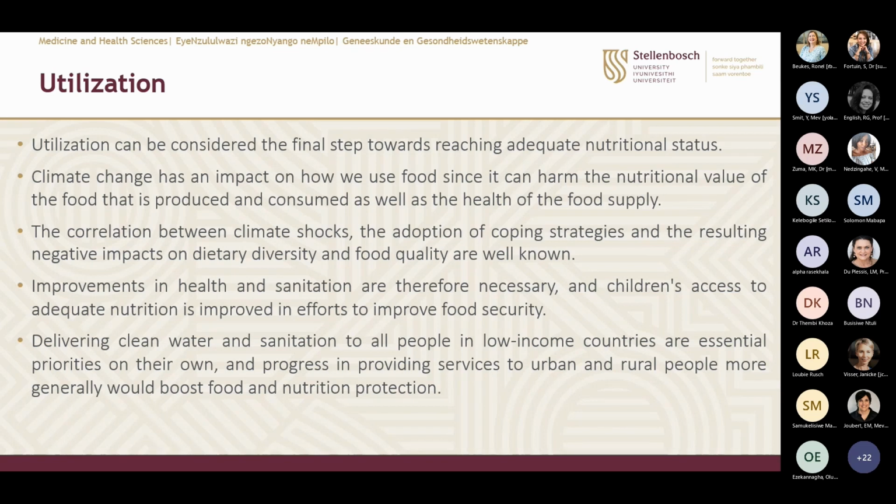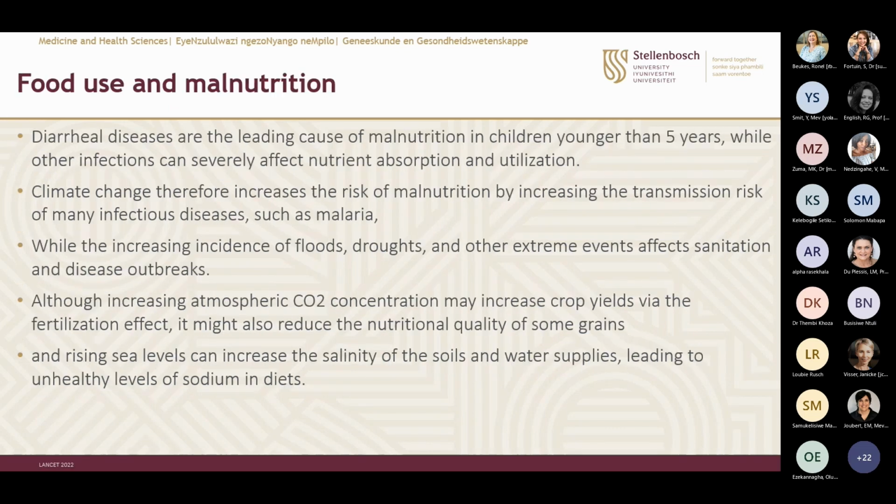So all these pillars of food and nutrition security are actually impacted by climate change. I just want to look at this slide where we speak to food use and malnutrition. Diarrheal diseases are the leading causes of malnutrition in children younger than 5.